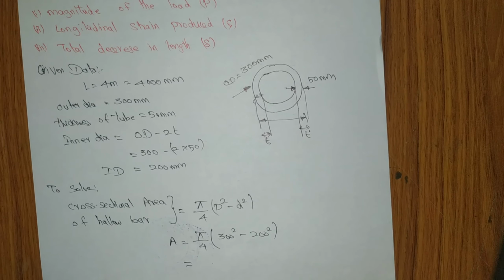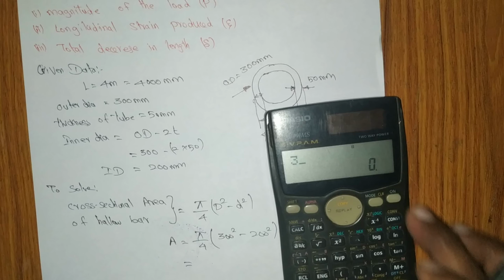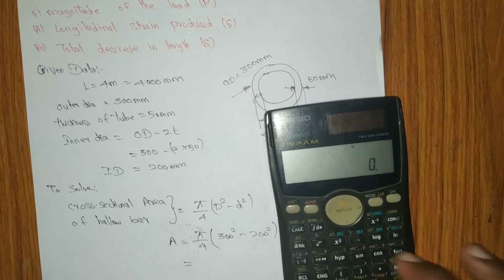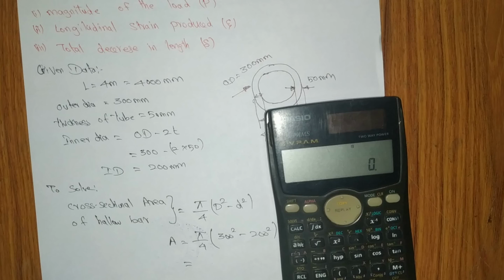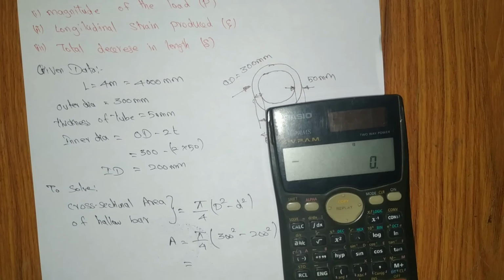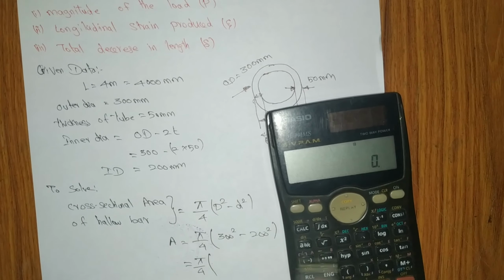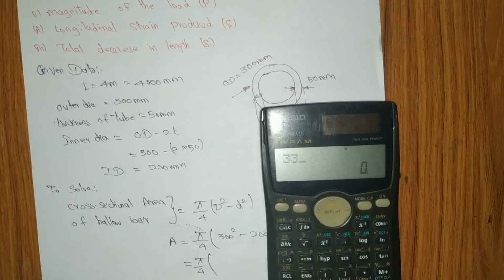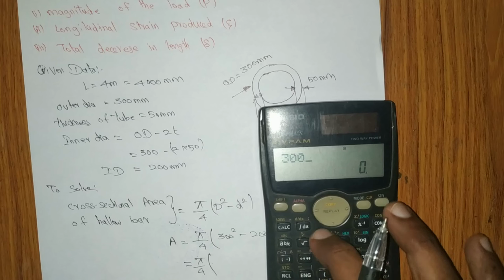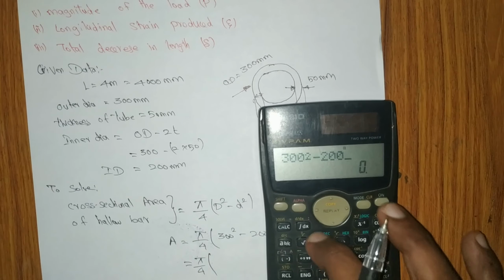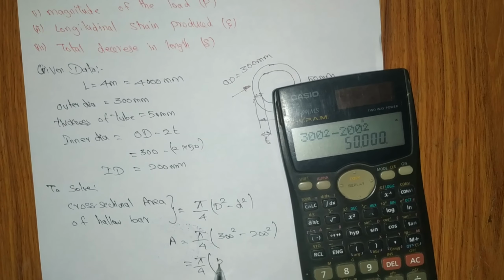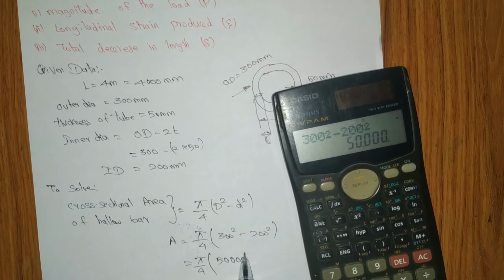So we have pi by 4 into 300 square minus 200 square. What is 300 square minus 200 square? We got 50,000.